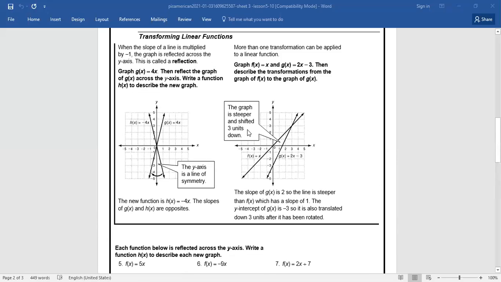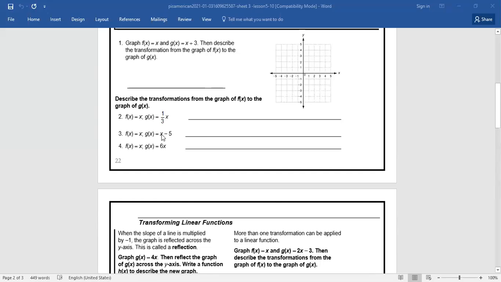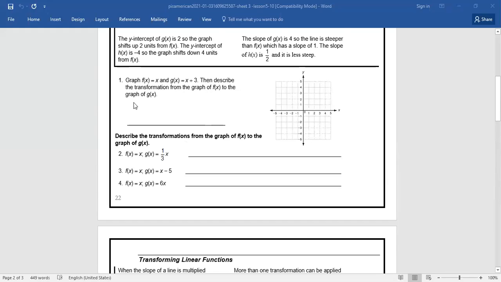Now, please, I want you to graph this one. Question number 1. Graph f of x equals x and g of x equals x plus 3. Then describe the transformation from the graph of f of x to the graph of g of x.